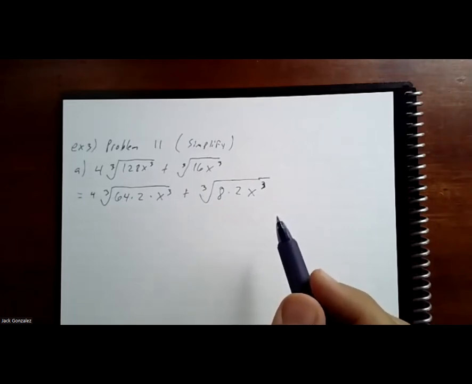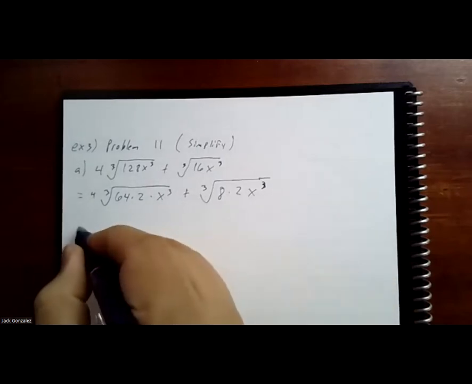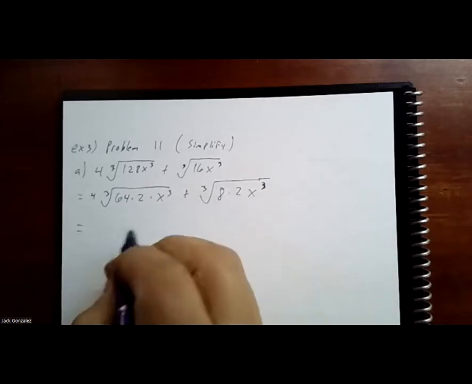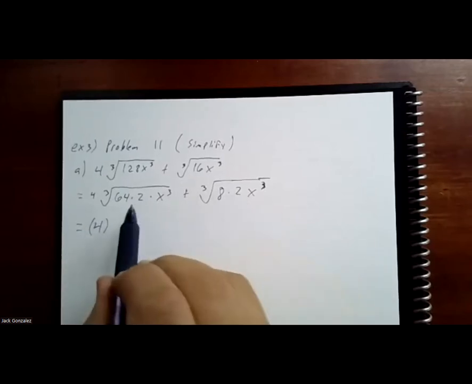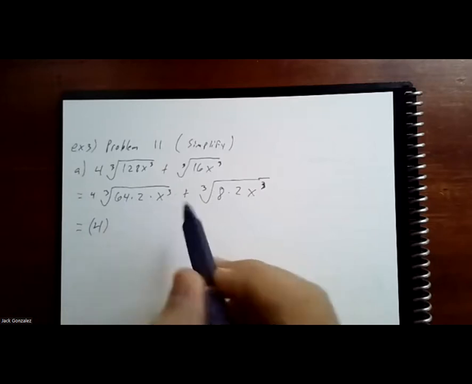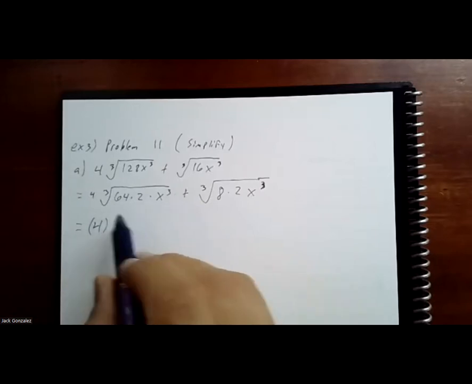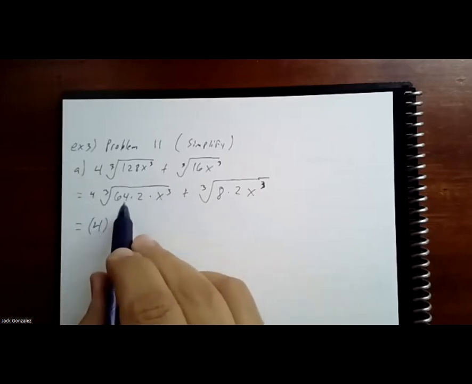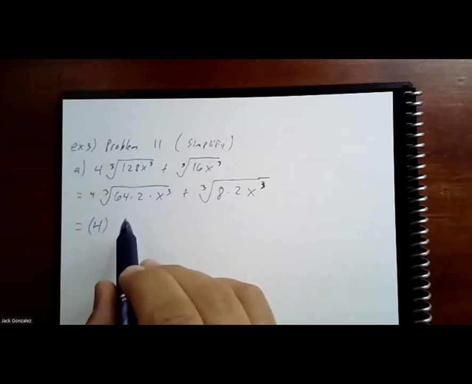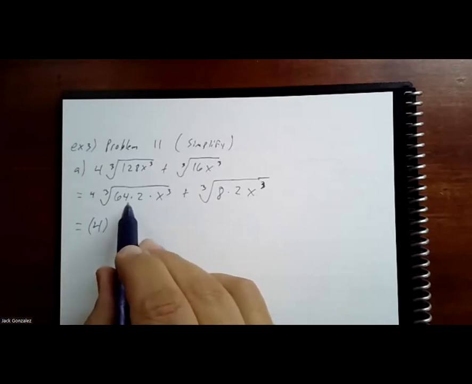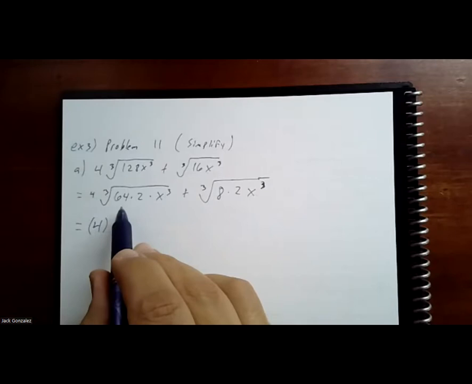All right. So at this point, the way I like to do it is just cube root the parts that are able to reduce and just bring them outside. So cube root of 64, that's going to be what? Right, 4 times 4 is 16 times 4 is 64.